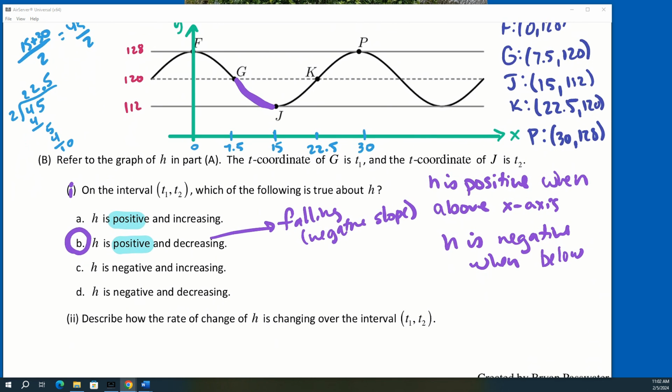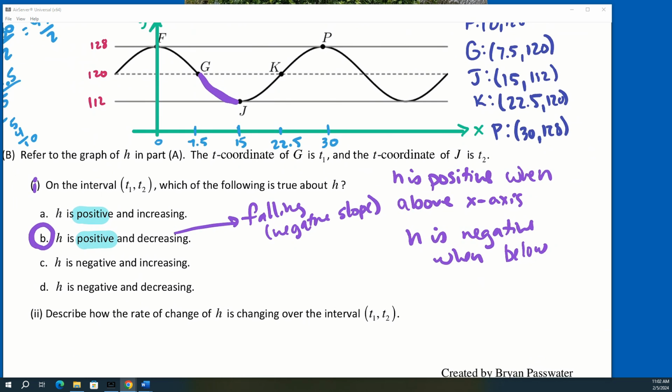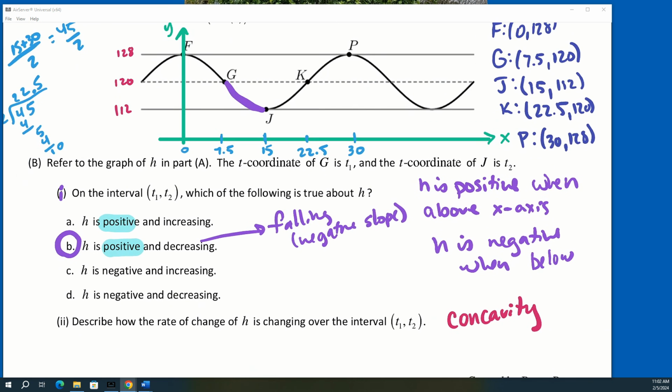How would you describe the rate of change of H? How the rate of change of H is changing in that interval. When you're deciding how the rate of change is changing, you're looking at the concavity. Would you guys say in that little section the graph is concave up or concave down? Concave up.